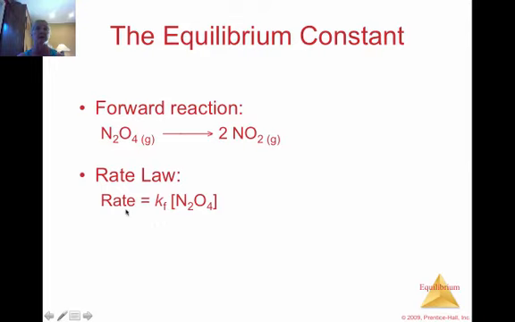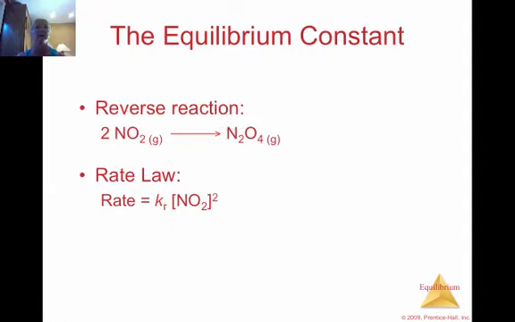But basically it says that the rate is dependent upon some constant, the little f means forward, times the concentration of N2O4. So we'll learn how to do these rate laws. Here is the reverse reaction showing that it has a rate law of some constant going in the reverse direction times the concentration of nitrogen dioxide squared. And where that comes from, again, we'll show you in just a moment.